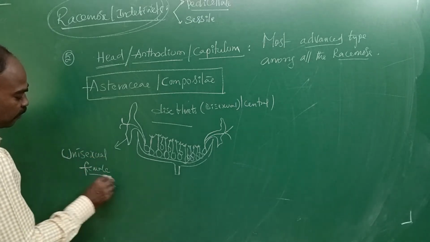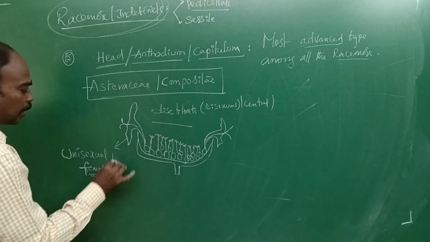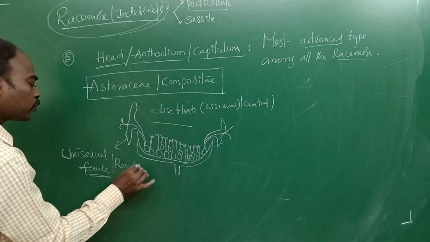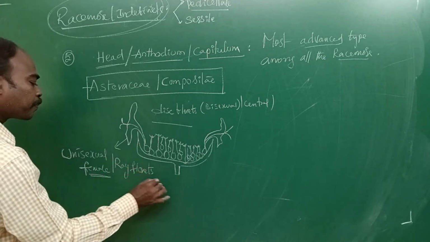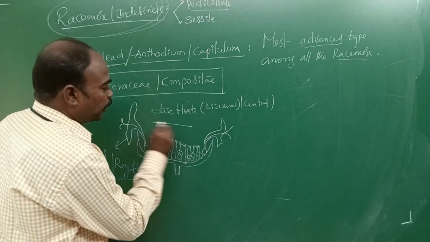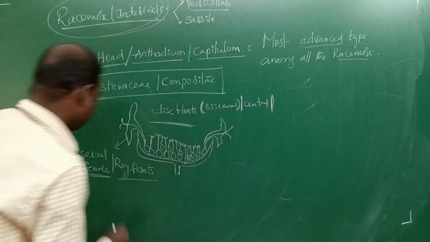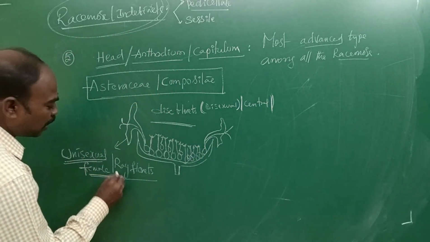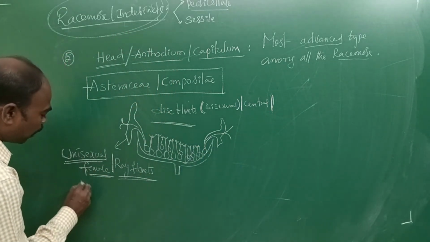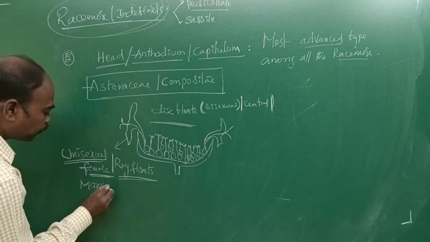Unisexual female flowers are called ray florets. Disc florets, which are bisexual, are present at the center. Ray florets are found in the margins.